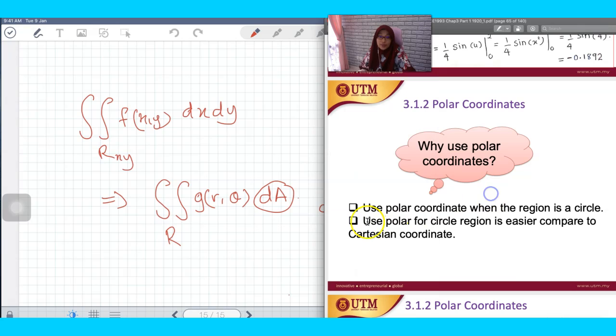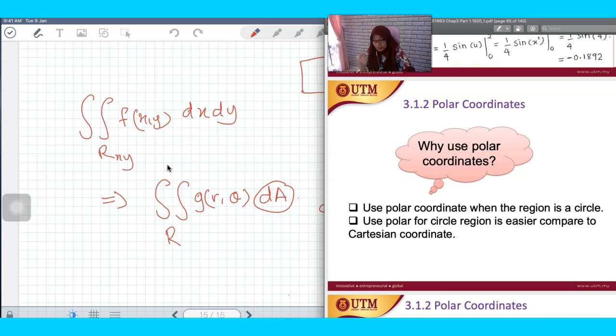Okay, so how can you know when you should transform your double integral from Cartesian into polar? Actually, as I mentioned before, we have two different kinds of region: rectangular or non-rectangular.